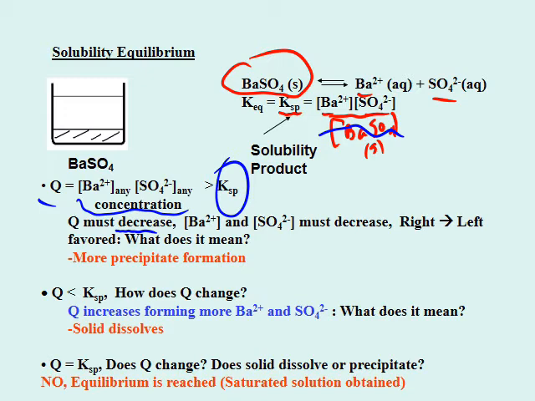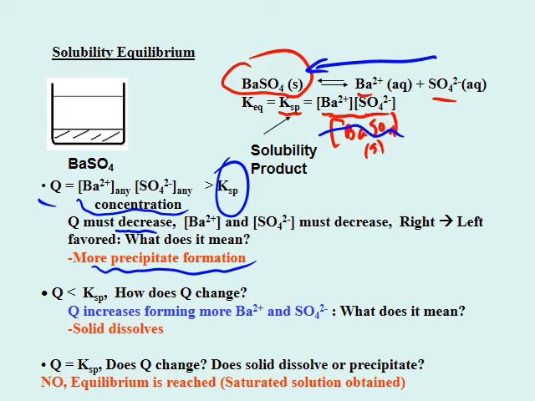So when Q must decrease, you know that the Q definition has Ba2+ and SO4 2-. So if it's decreasing, that means Ba2+ and SO4 2- have to decrease with time. That means the reaction has to go from right to the left. What do I have on the left? A solid, barium sulfate. So that means when Q value exceeds KSP, you get solid formation or precipitate formation.